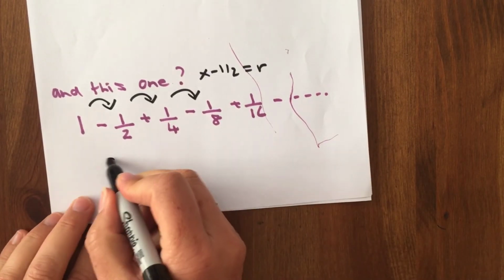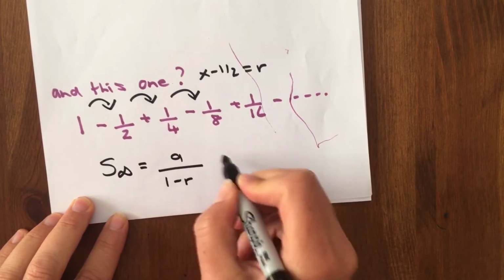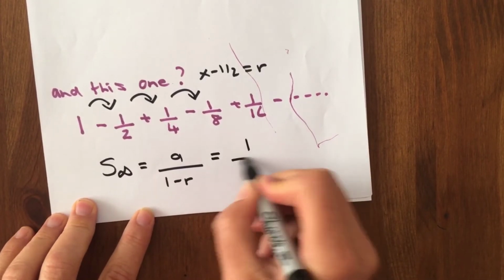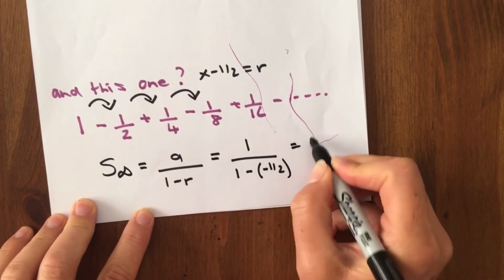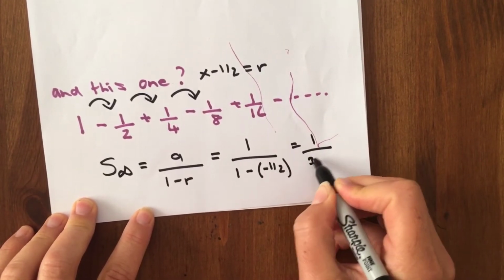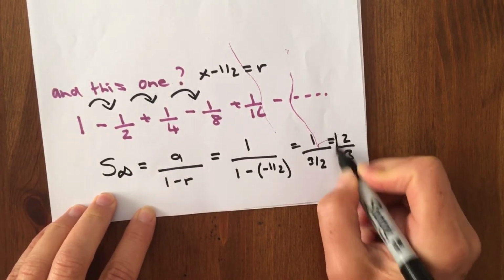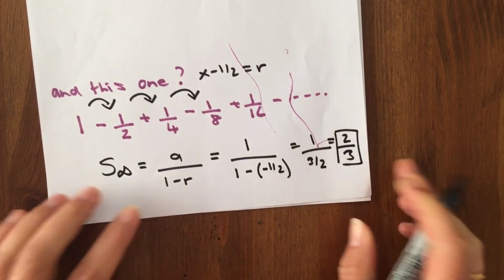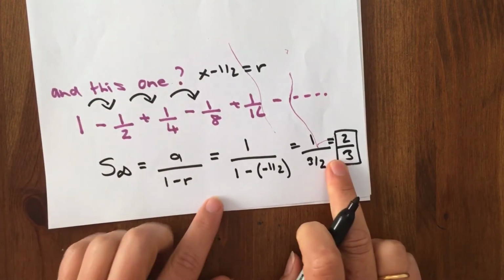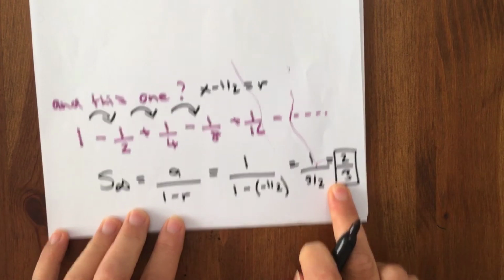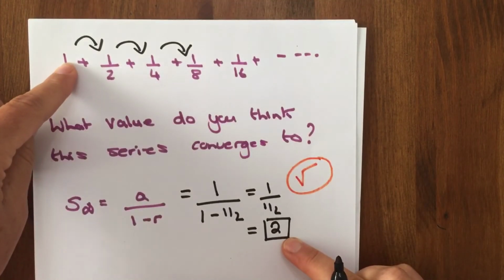Well, let's find out from the formula. This is the formula we're going to use. We know a is 1 and r is negative a half. So I've got 1 divided by 1.5, or 2/3. So it makes sense, because I'm taking away terms as well as adding terms, that this sum to infinity, 2/3, was less than this sum to infinity, which was 2.